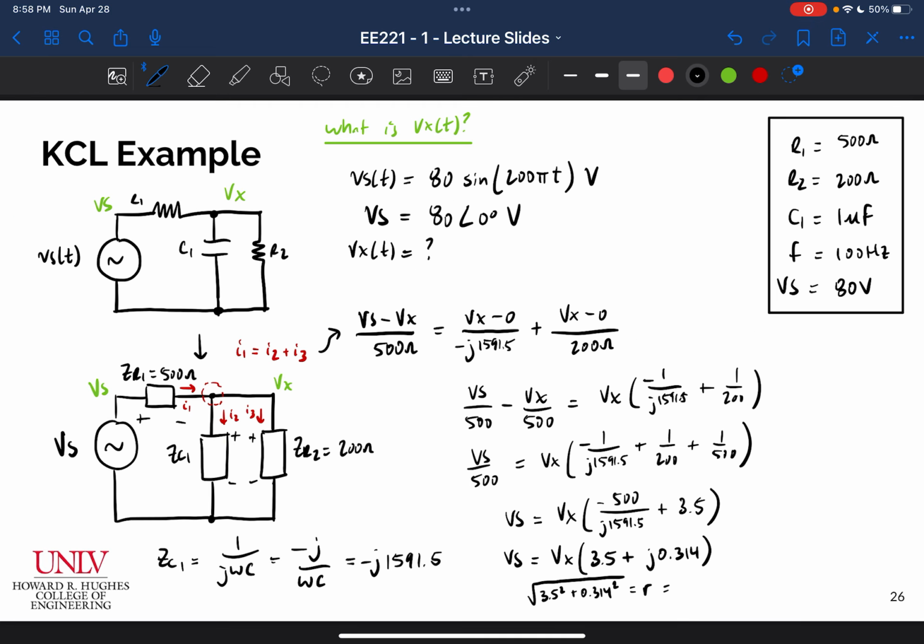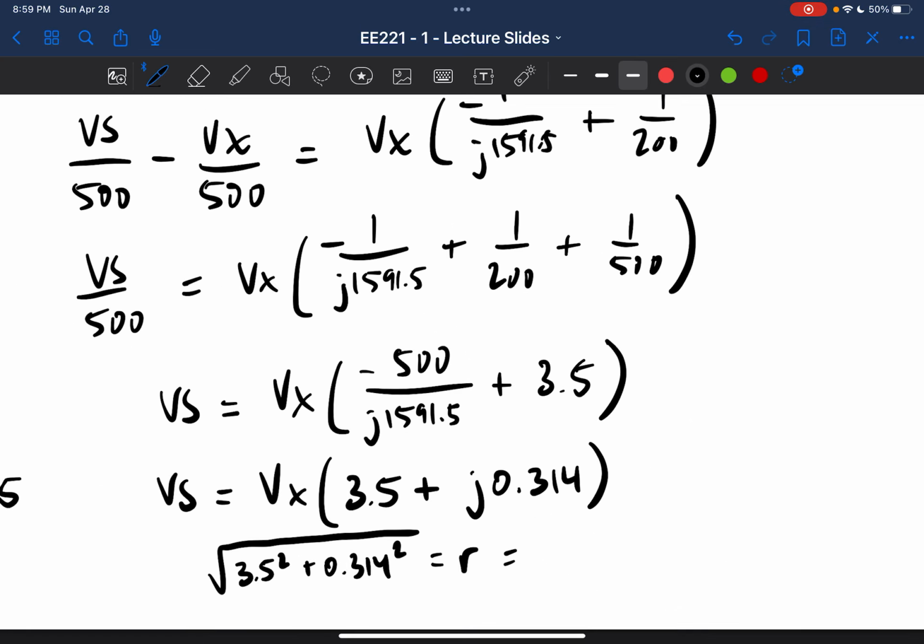I might run out of space here and need another slide. Let's do that. Squared plus 3.5 squared, square root. I get 3.514.